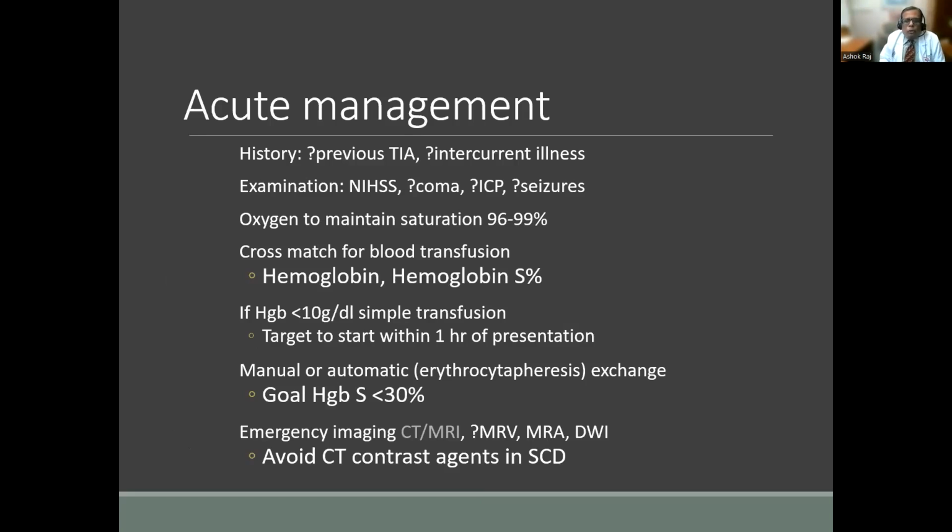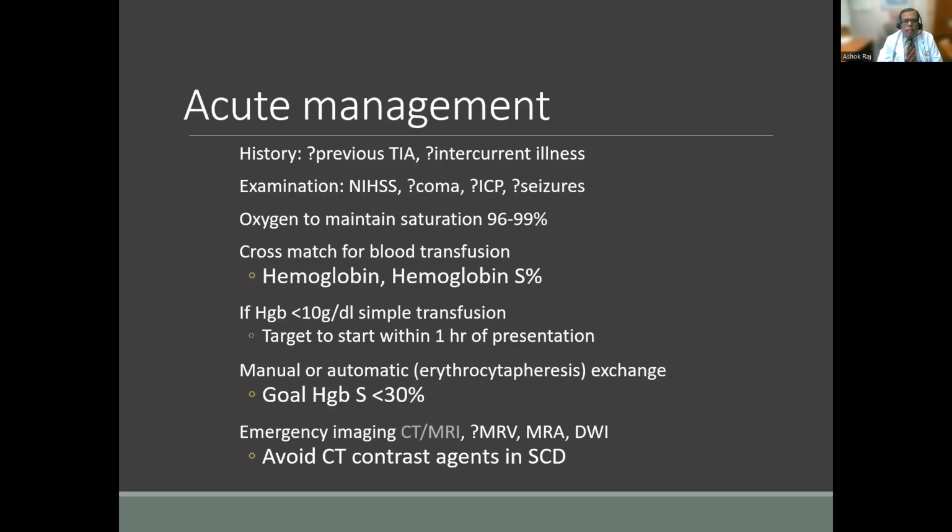Acute management of stroke: you have to obviously take care of them with oxygen as necessary, and have a close evaluation with the NIH-SS scale. Patients can have increased intracranial pressures or seizures. It is important to try to initiate transfusion within 1 hour of presentation.